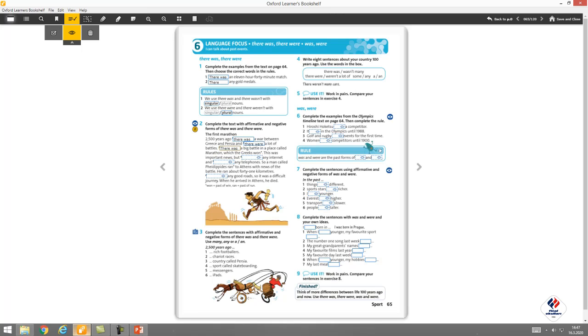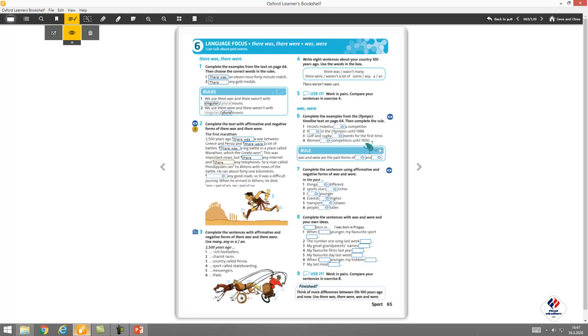There was a big battle in a place called Marathon, which the Greeks won. By the way, won is the verb 2 of the verb to win, which is an irregular one. This was important news, but there wasn't any internet and there weren't any telephones.